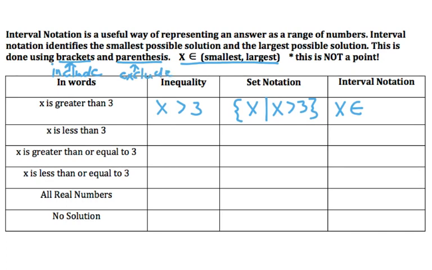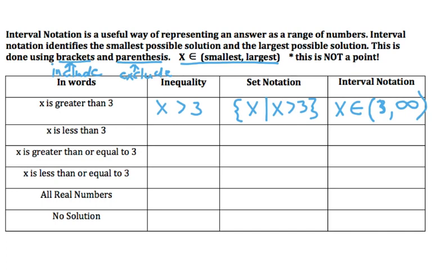Here we're greater than 3, so 3 would be the smallest possible number. We use a parenthesis because we're not including 3, comma, and our greatest value could be a billion or a trillion, but it keeps going. So we use the infinity symbol, but we never get to infinity, so we use a parenthesis to end our interval notation.